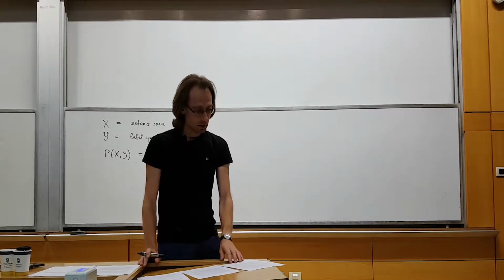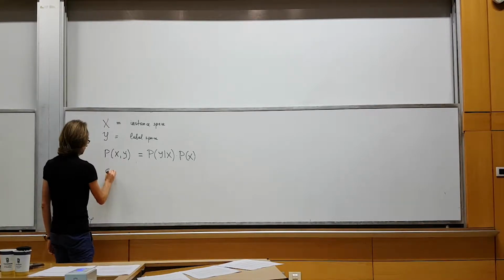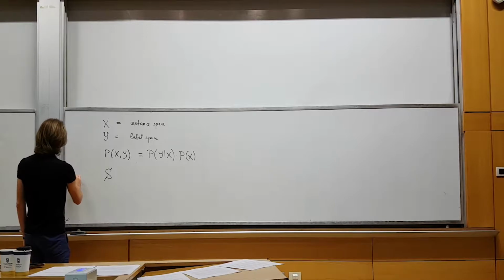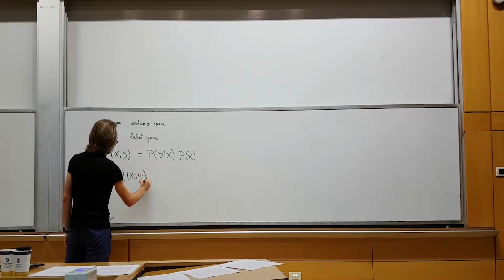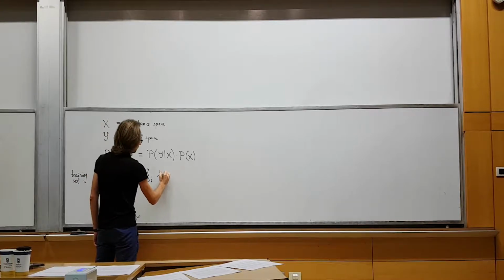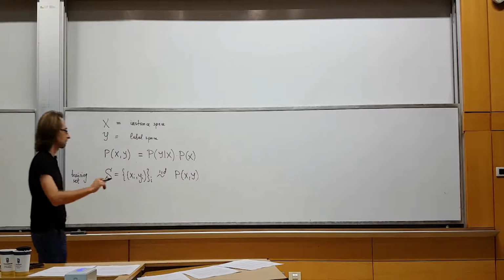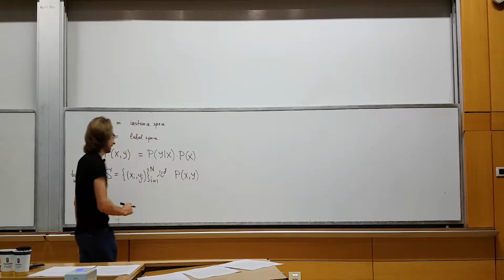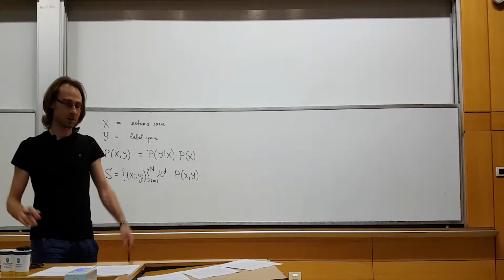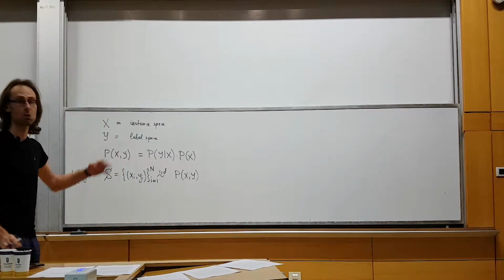Now we are assuming that we have some training set, let's call it S. It's a finite sample of (xi, yi) drawn i.i.d. from this P(x,y). Let's call this quantity N, capital N, pairs of labeled instances that we draw from this unknown distribution.